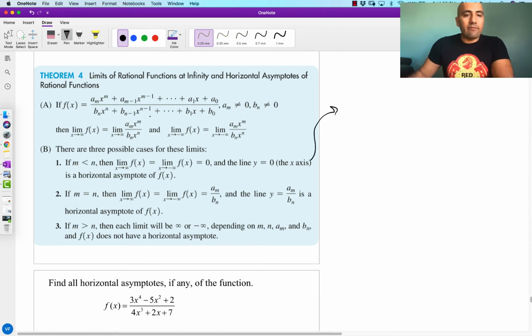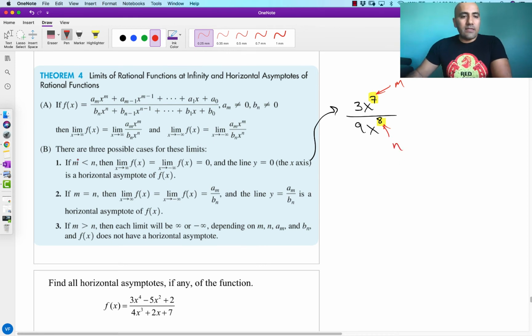If you have an ugly polynomial, but you just focus on the first 2 terms, and let's say those first 2 terms are something like 3x to the 7th power divided by 9x to the 8th power. Here we see that the exponent for the leading term in the numerator is going to be playing the role of m, and the exponent in the denominator is playing the role of n.